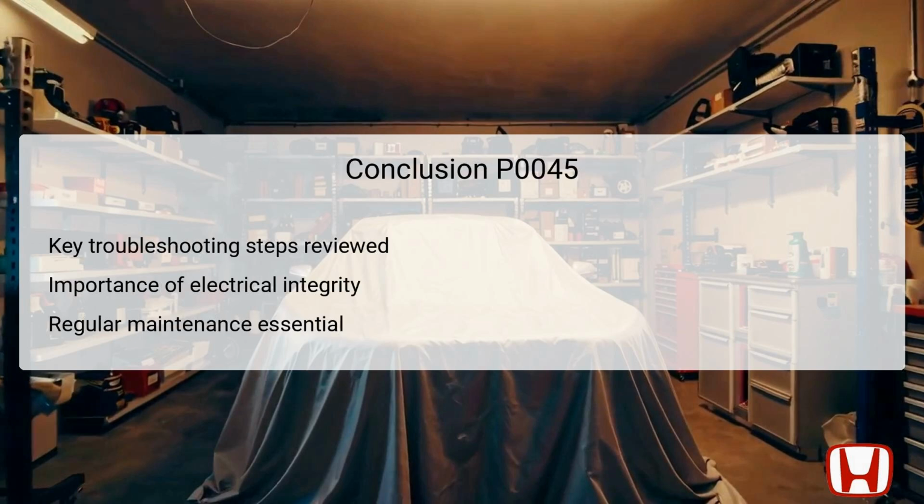In summary, we have covered the essential steps to troubleshoot DTC P0045, which involves careful checks of the turbocharger wastegate control actuator circuit. Fundamental to this process is the importance of ensuring electrical integrity through careful examination of connectors, wiring, and the actuator itself.